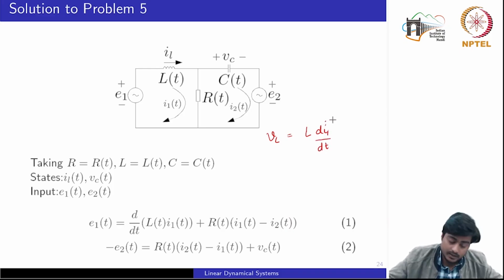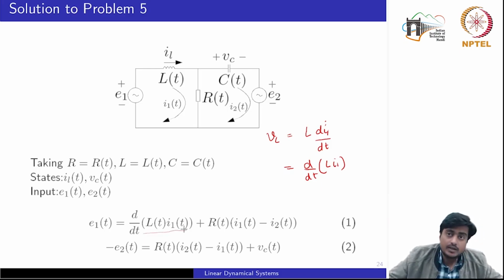But now L is a time dependent parameter, so we should take the derivative of the flux around this inductor, which is L i1. So this part we have used here.